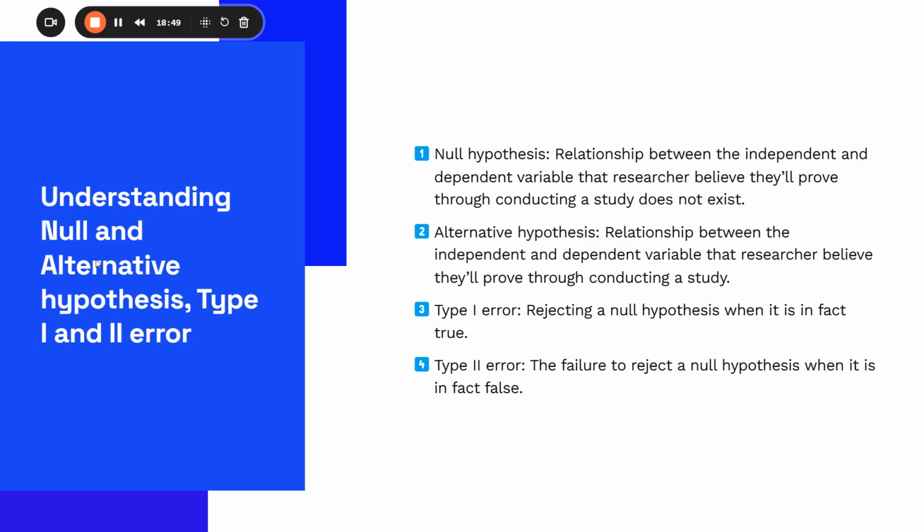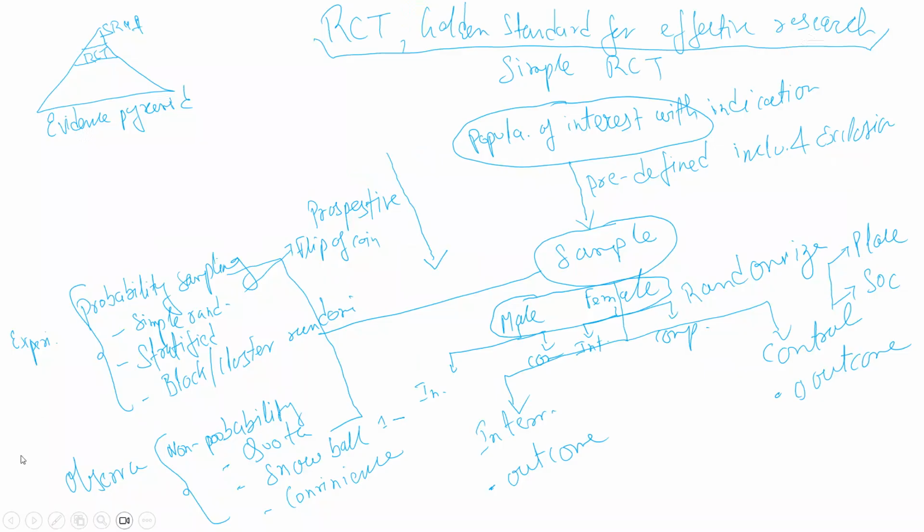Well, what is a type 1 error? A type 1 error occurs when you reject the null hypothesis, which is actually true. In simple terms, let me try to explain it with the help of a 2 by 2 table, which will be better.